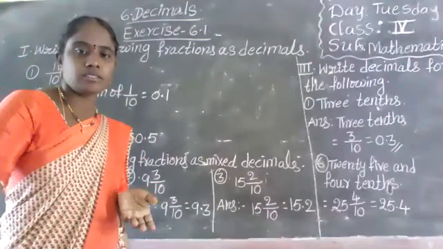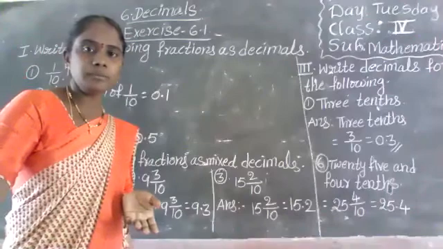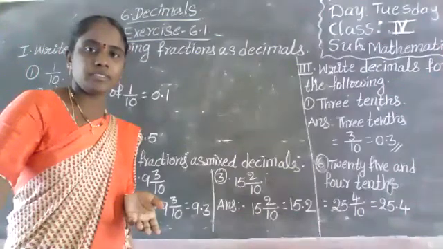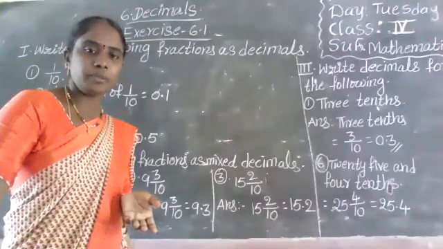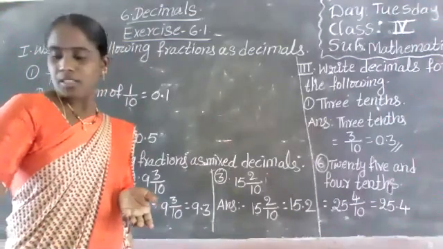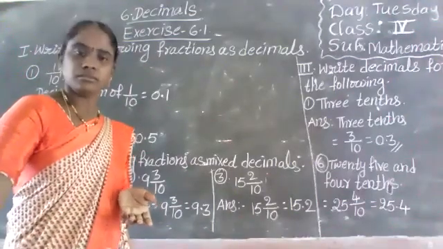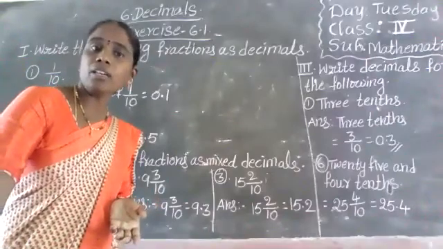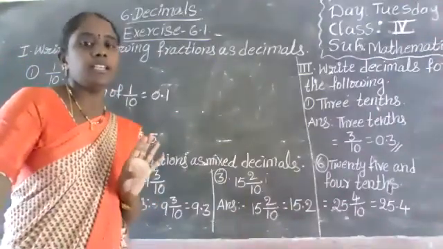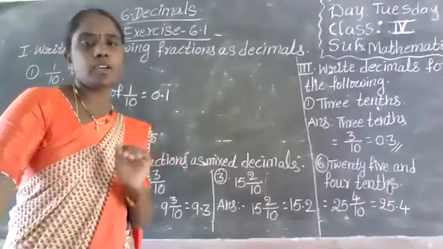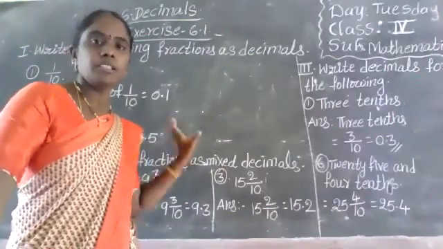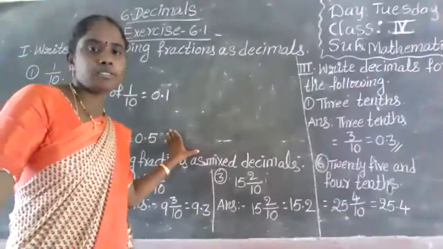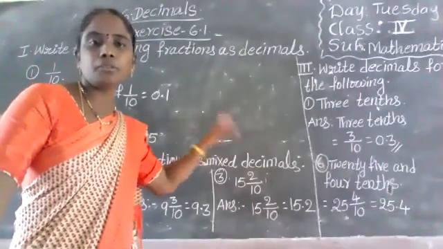No doubts. Shall I say fourth bit? Yes, fourth bit is also easy. Today I will explain only up to fourth bit. Fifth bit I will explain in tomorrow's class. Up to 4 bits only you have to complete in your notebook.